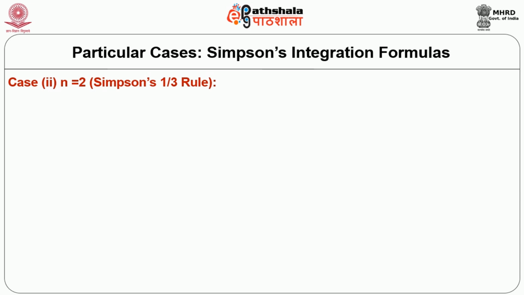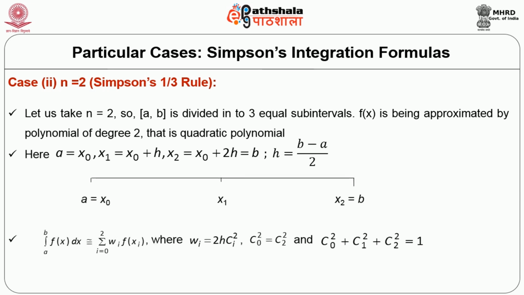Now with this, let us proceed ahead. Let us take the case n equal to 2, meaning we are approximating the function by a quadratic, with 3 interpolating points. Our a is x0, b is x2 now, and x1 is the midpoint of the interval. And h will be (b-a) by 2. x1 minus x0 is h, x2 minus x1 is h, h is (b-a) by 2.